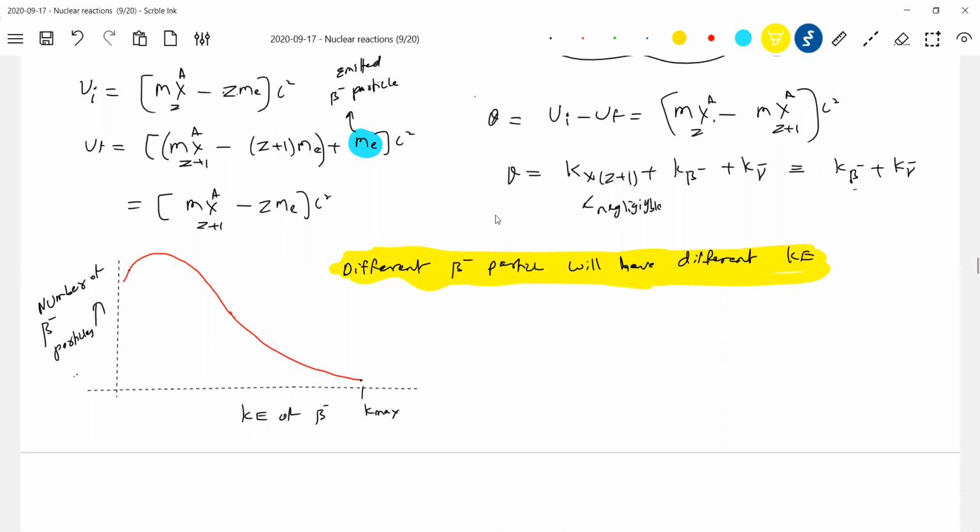So why is the antineutrino brought in? Without the antineutrino, what will happen? Angular momentum and kinetic energy will not be conserved. To conserve linear momentum, angular momentum and spin, the antineutrino is brought into the picture. And it interacts only weakly with matter.